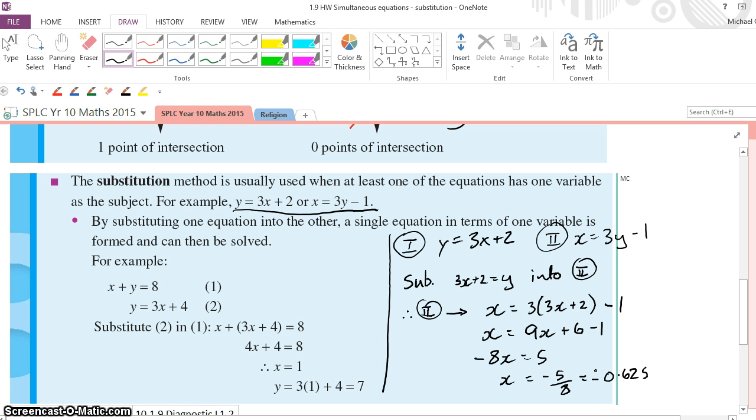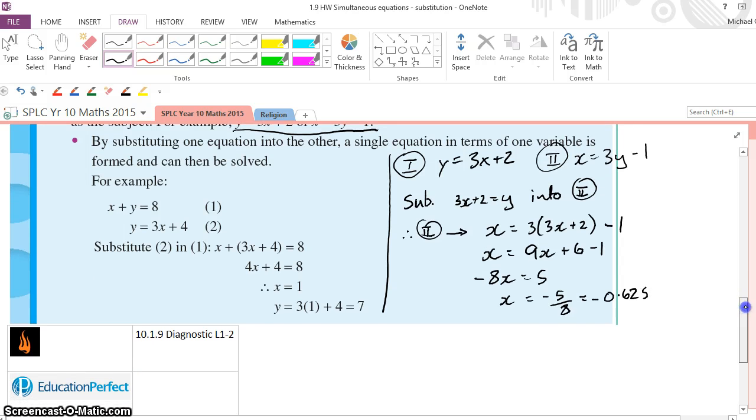Am I going to stop there? Of course not. We said we need to find the coordinates, not just the x coordinate. Once I've got my solution for x, what am I going to do? I'm going to substitute it into either of the equations that we started with to find the y value. In this case, the first equation seems logical because it's a y equals equation. So I'm going to say substitute x equals negative 5/8 into equation 1.